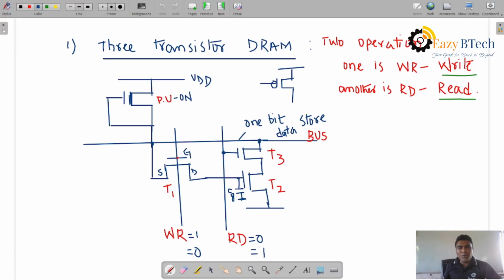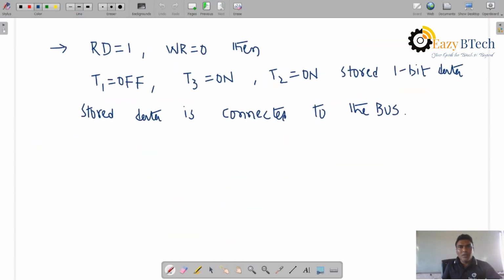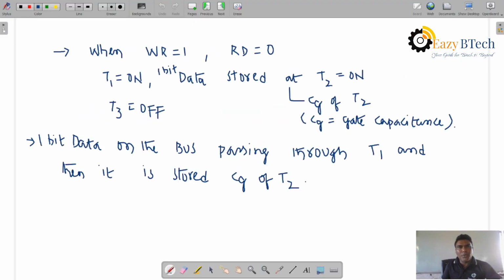Then RD is equal to 1: read out, read onto the bus. So this is 1 bit of storage data.